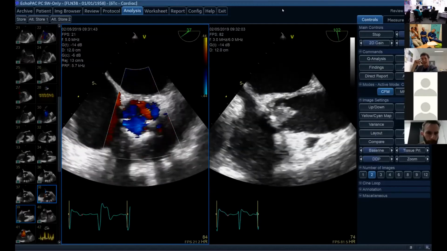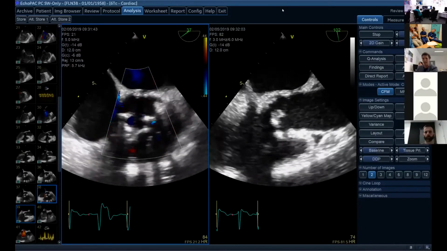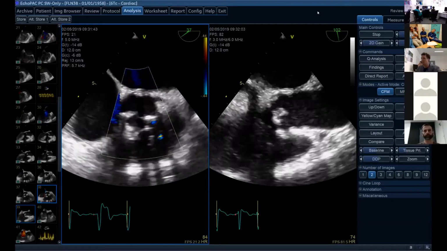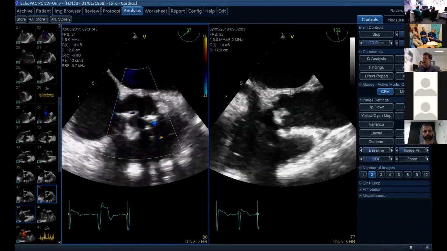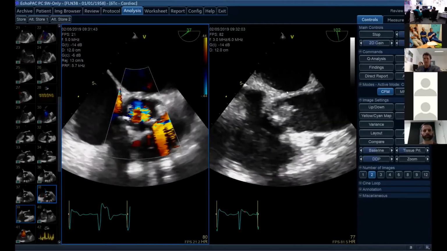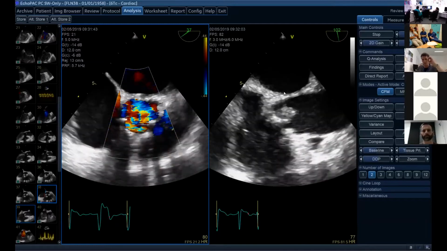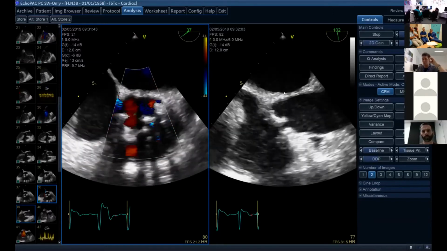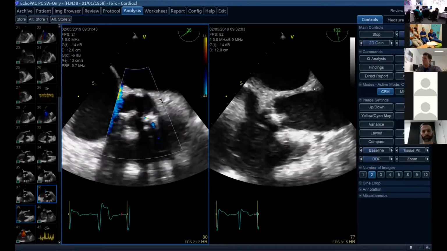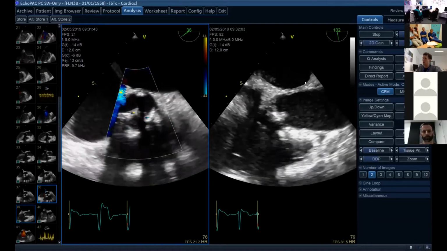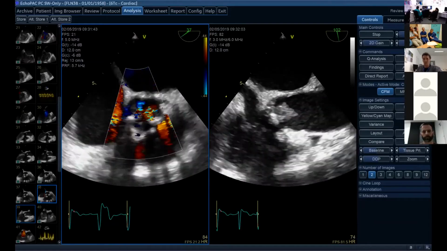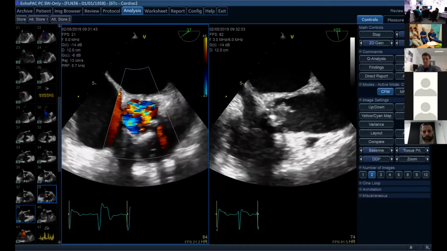So often if you see an abscess, what we're actually looking for is an echogenic hole. You'd see it up here along where we call it the skirt of the bioprosthetic aortic valve. Often we're looking for an echogenic hole. And potentially we're seeing one up in the top up here.